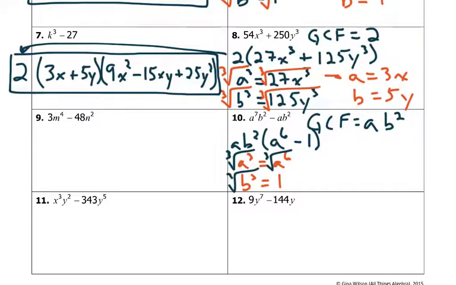Take the cube root of each to simplify and get b by itself. We end up with a equals a to the 2nd. We just divide by 2. And then here we get b equals 1.